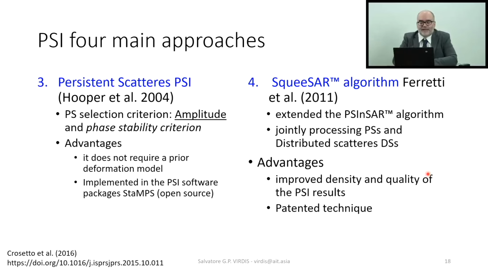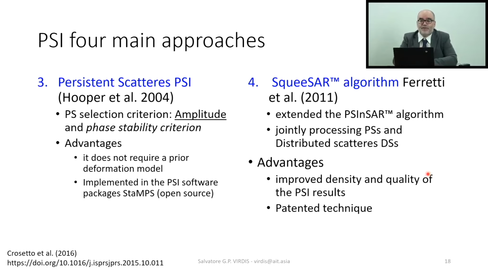Another very important development is called the SqueezeR technique, which is an evolution of the PS InSAR technique. The SqueezeR technique solves one of the problems of PS InSAR, so it works well on rural areas. Now it is possible with this technique to have a good density of PS and DS in both rural and urban areas.